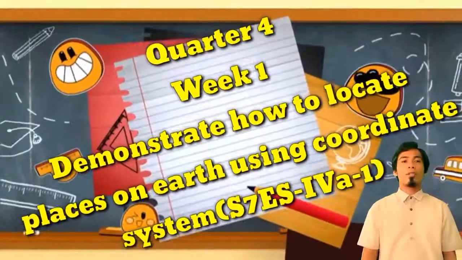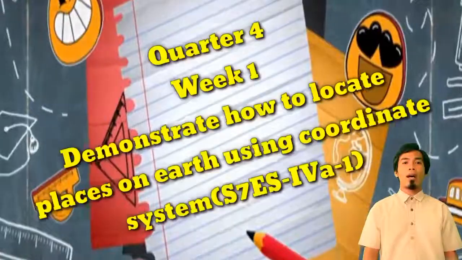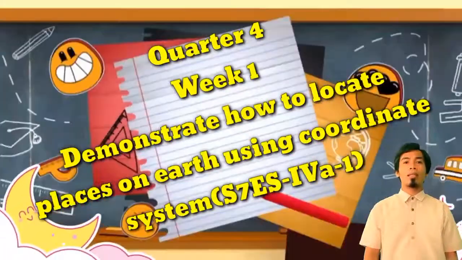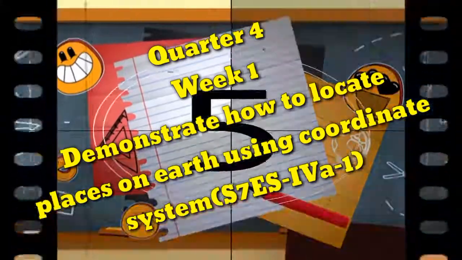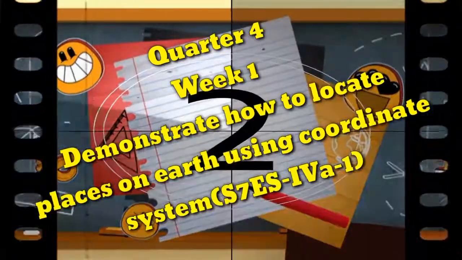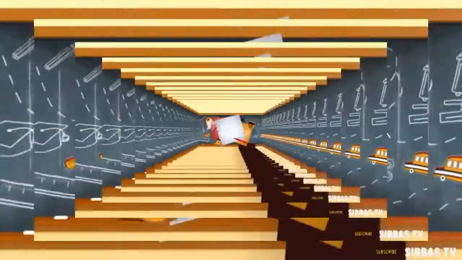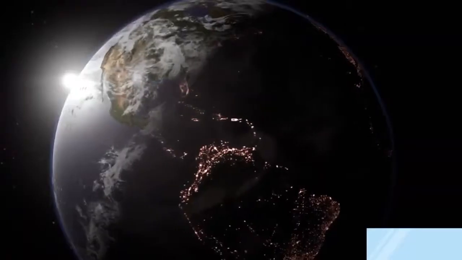For today's video, we are going to demonstrate how places on Earth may be located using coordinate system. The Earth has many interesting and wonderful places that you can visit.